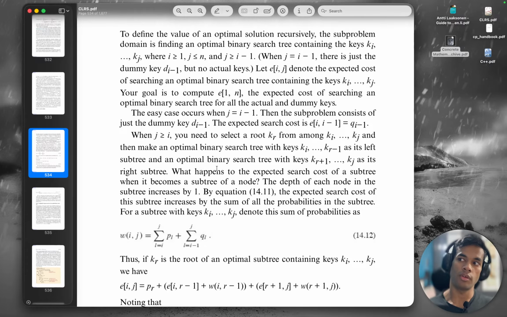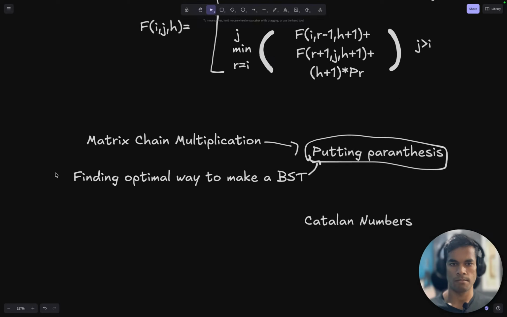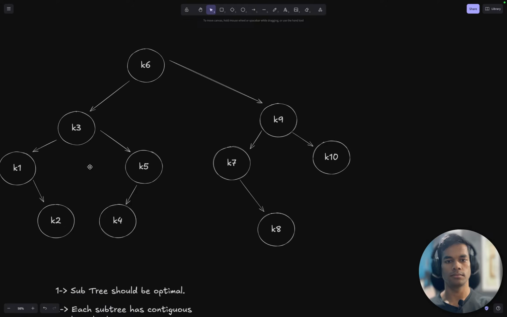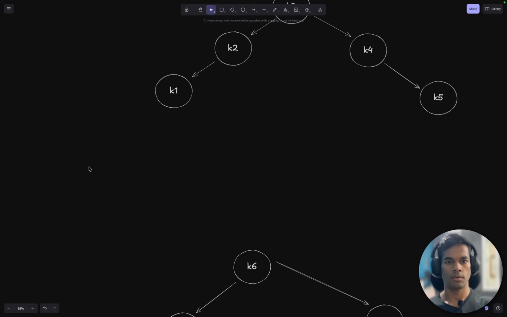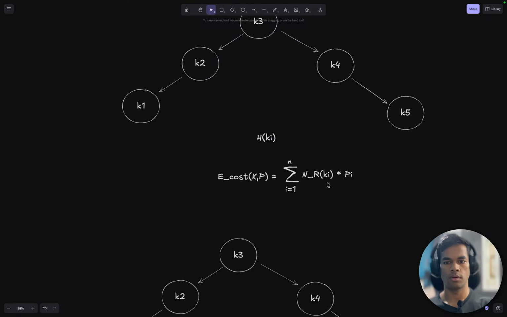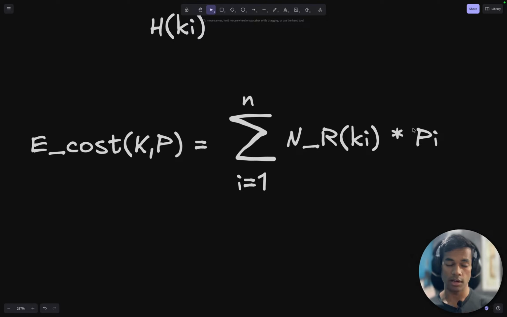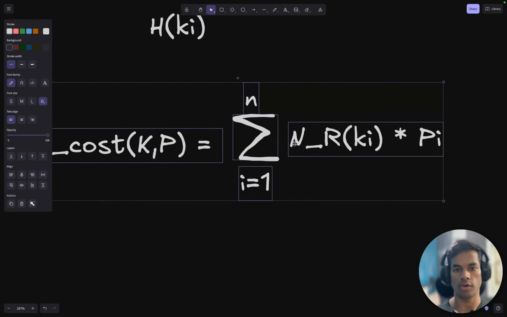The expected cost should become double. The cost function is this. When we say that this cost was calculated for some tree and now we are making that tree a subtree of another tree, then how will the cost change?